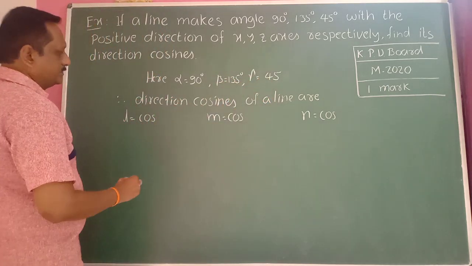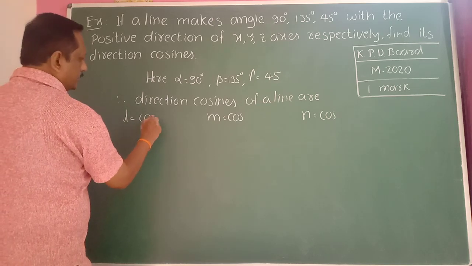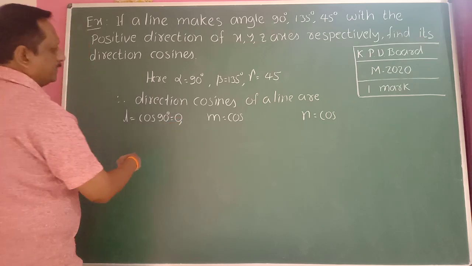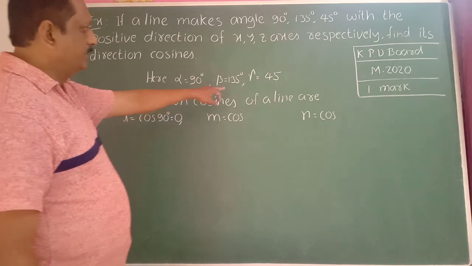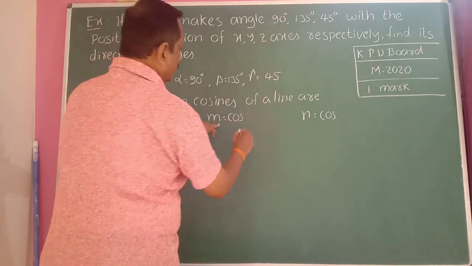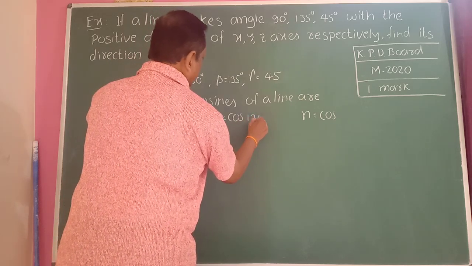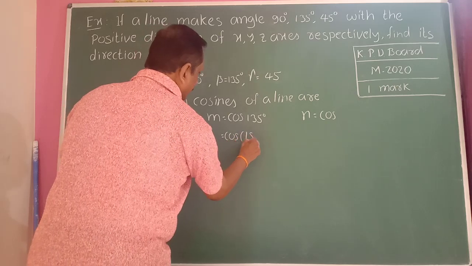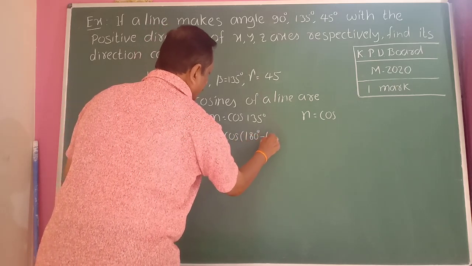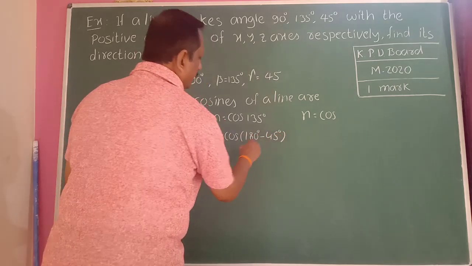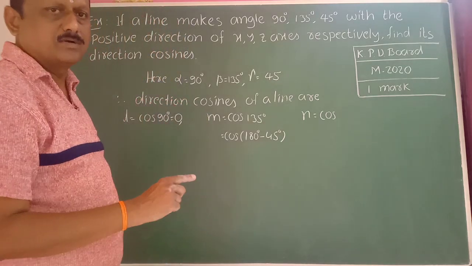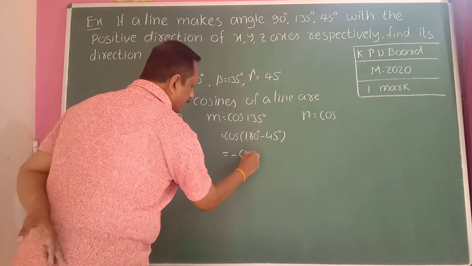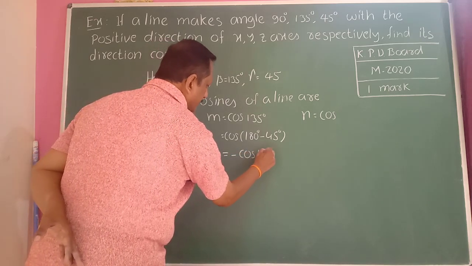So direction cosines of a line are l equal to cos alpha, cos of 90 degree, and cos 90 degree value is 0. Beta is 135 degree. m is equal to cos of 135 degree. That is cos of 180 minus 45 degree. 180 minus 45 comes under the second quadrant. In the second quadrant cos is negative, so minus cos of 45 degree.